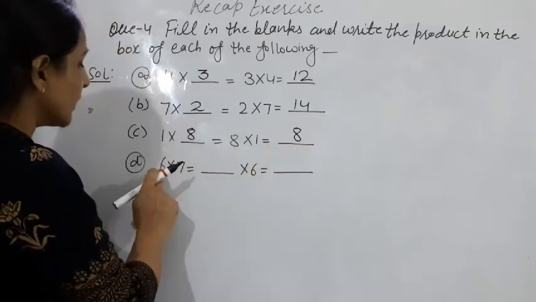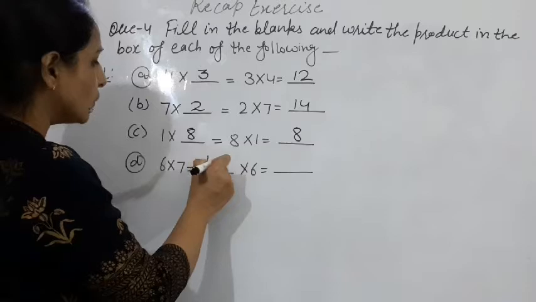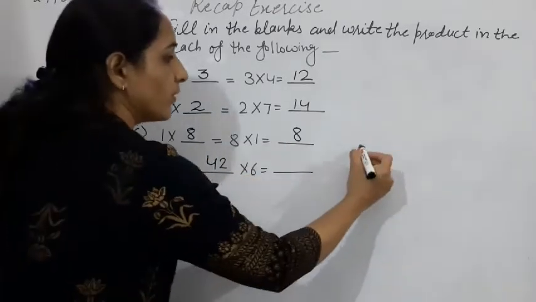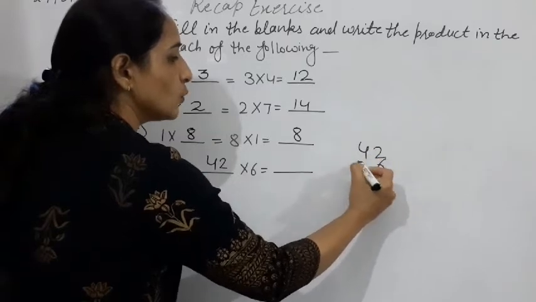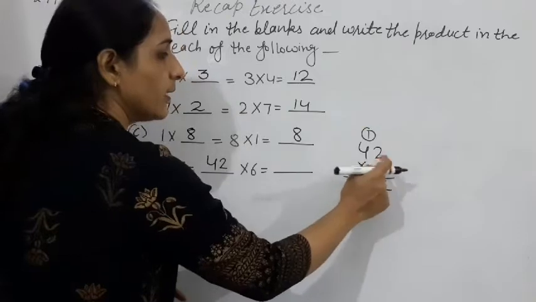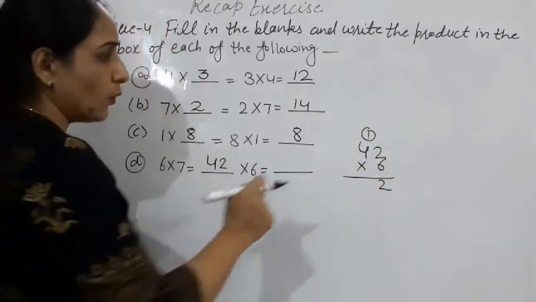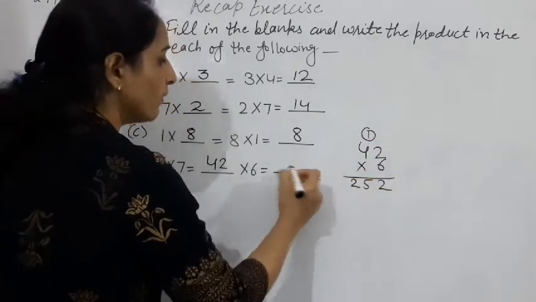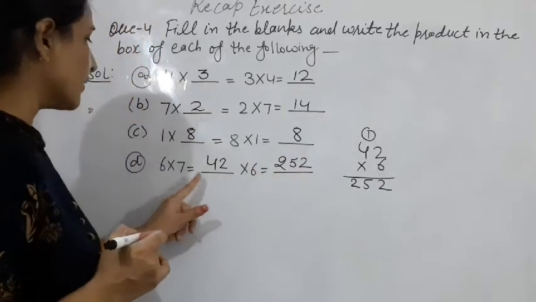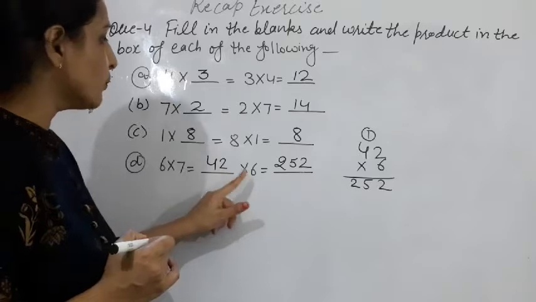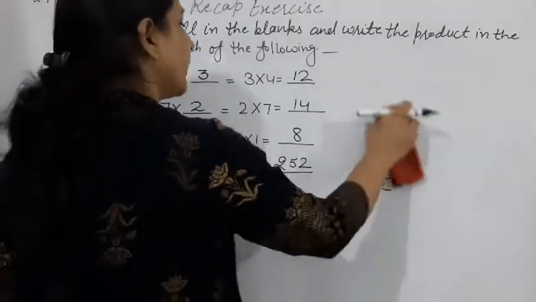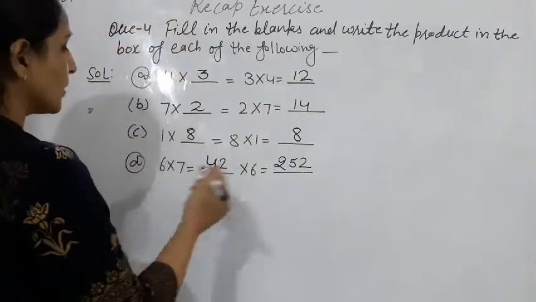Then this one is 6 7s are 42. Now 42 multiplied by 6. When we multiply 42 by 6, 6 2s are 12, 1 carry, 6 4s are 24 and 1 more makes 25. It's 252. But I think in this part there is a mistake.